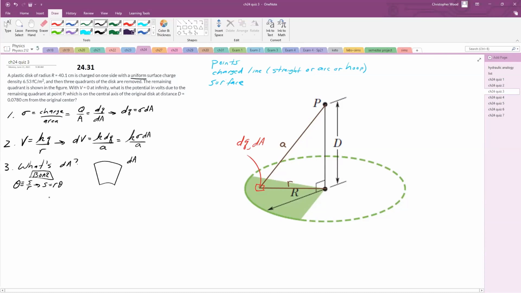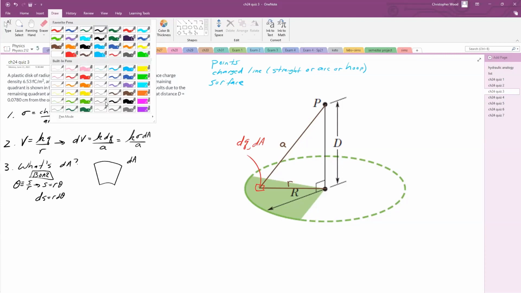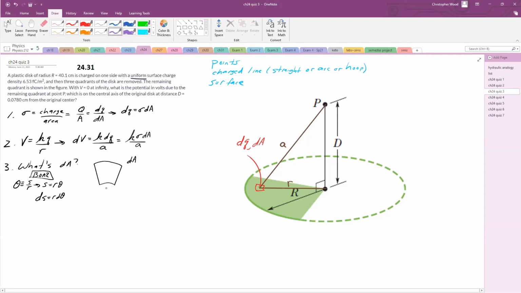So S equals R theta, and I'm living in the differential world, so it's going to be ds equals R d theta. All right, so here's ds. I have to get real up close and personal with this surface patch. This is ds, a differential arc length. I have that as my arc length.